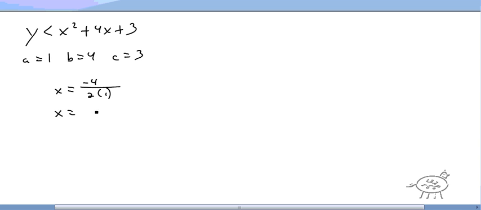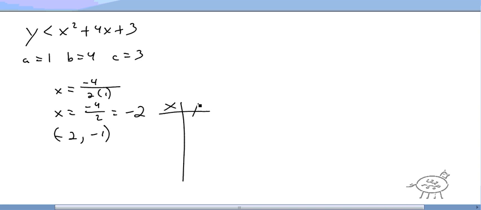So x equals negative 4 over 2, or negative 2. So it's negative 2, comma, and you put that into the equation, you get 4 minus 8 is negative 4 plus 3 is negative 1. Okay, so that's my vertex.